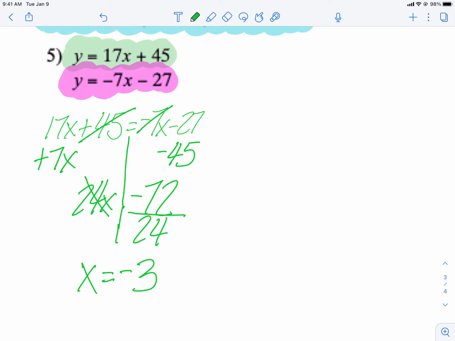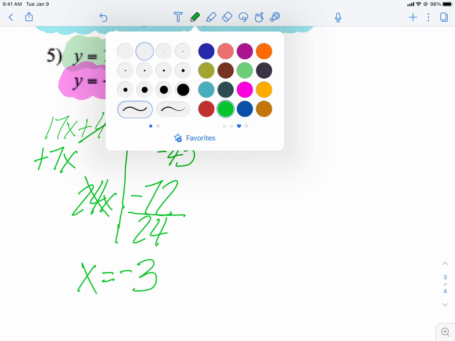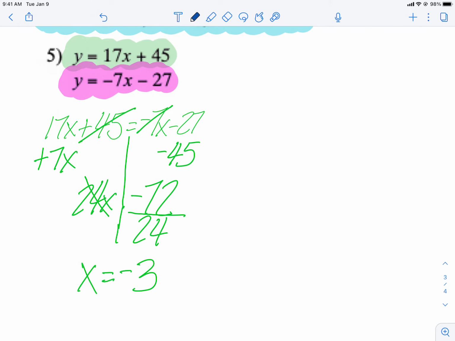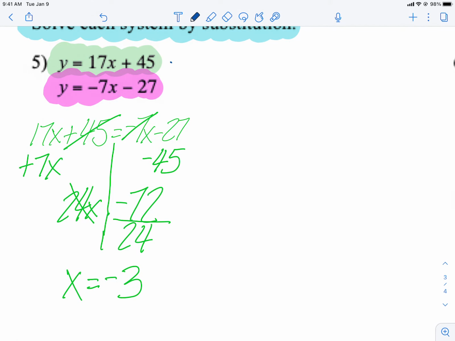So I'm going to pick my easiest equation, and I'm going to pick this top one because I want to work with only positive numbers. So I get y is equal to 17x. I'm going to leave x as a parentheses because I know what x is, plus 45.